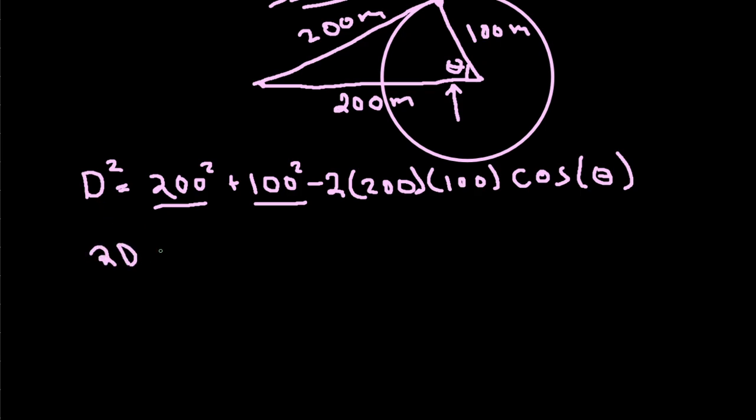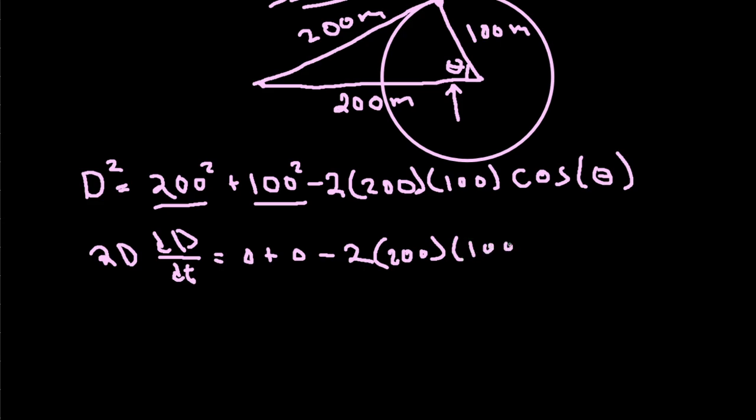With respect to time, we're going to get 2d times dd dt is equal to the derivative of 200, which is 0, plus 0, because that's a constant, minus 2 times 200 times 100. The derivative of cosine is negative sine of theta, but you gotta remember, theta is definitely changing with time, so we gotta put d theta dt.